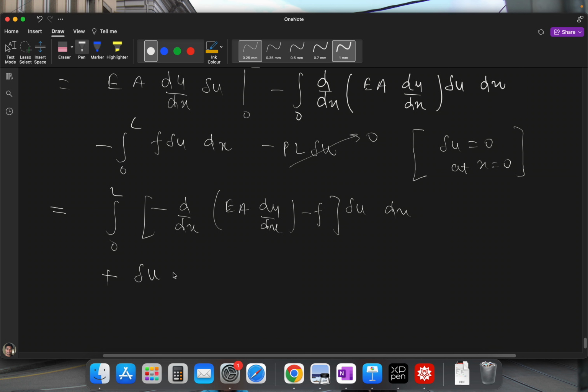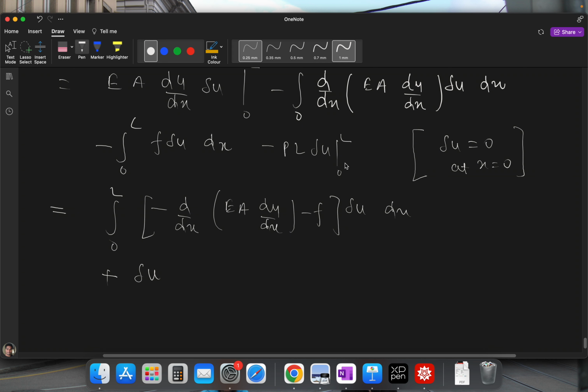del u. Sorry, actually here, not completely. First we have to apply the boundary condition: at x equal to 0, we write del u equal to 0.